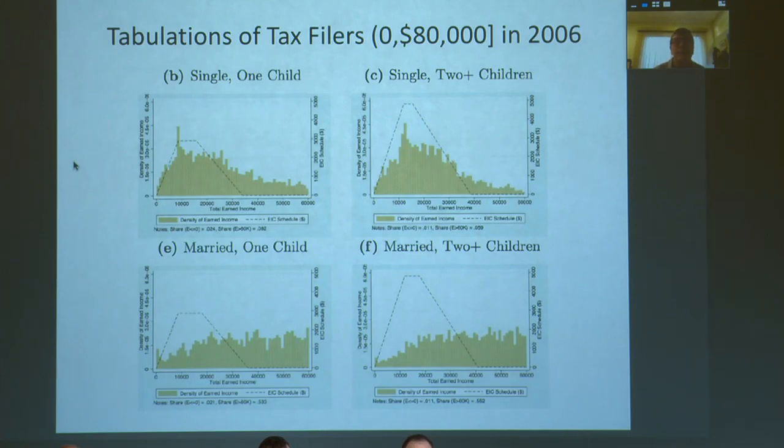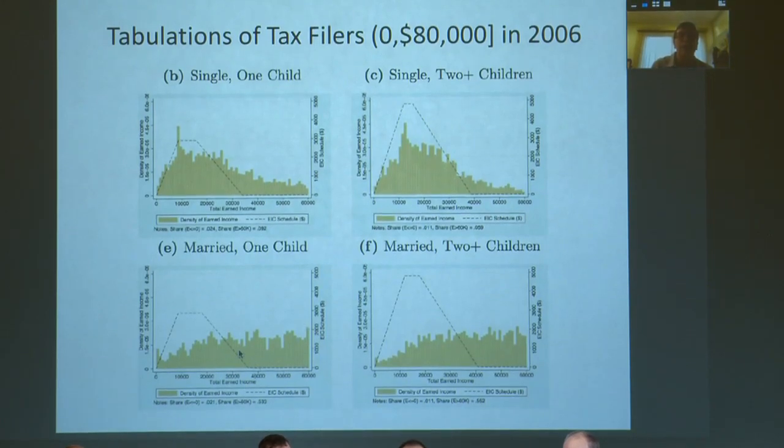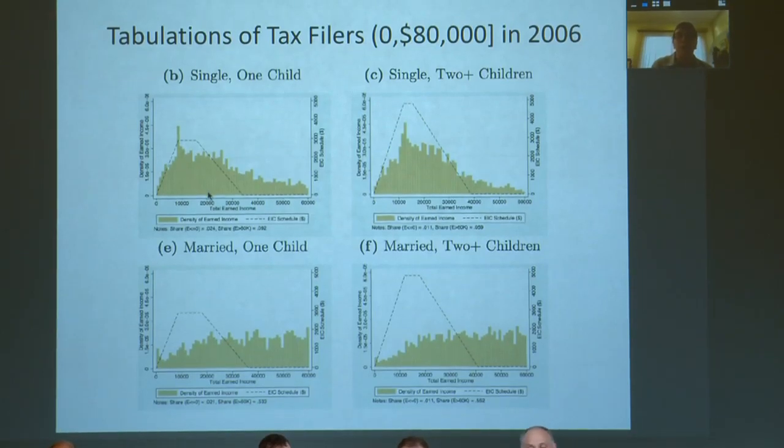And they have the EITC credit schedule as the dashed lines, okay? And so the point of this graph is that the married people are much more likely to be in the range where they're ineligible for the EITC, but with a shock, they could fall into the eligibility range, whereas the single filers are much likelier to be near the area where they might fall out of eligibility altogether.